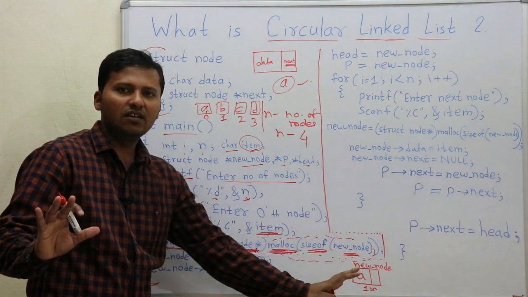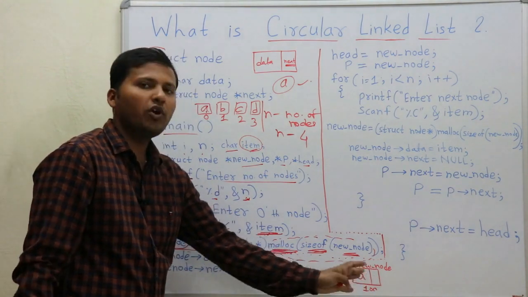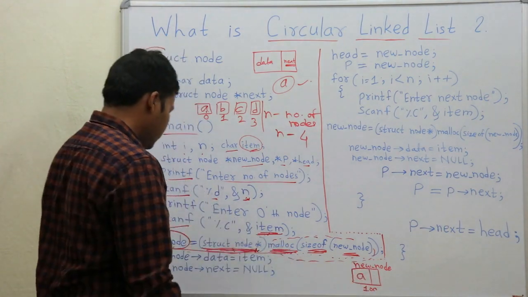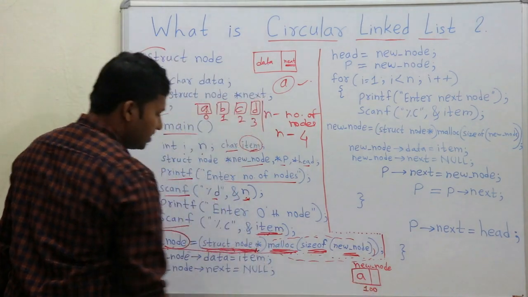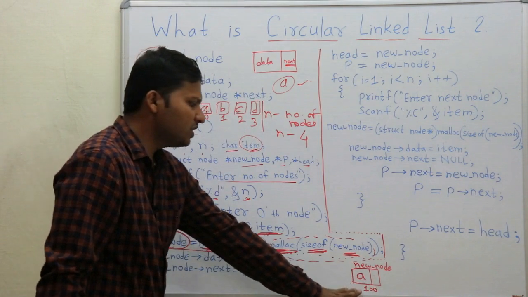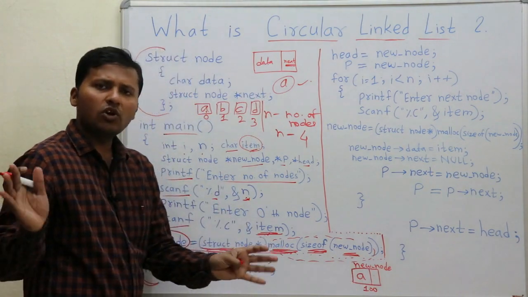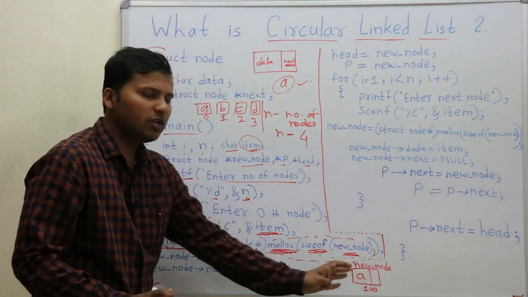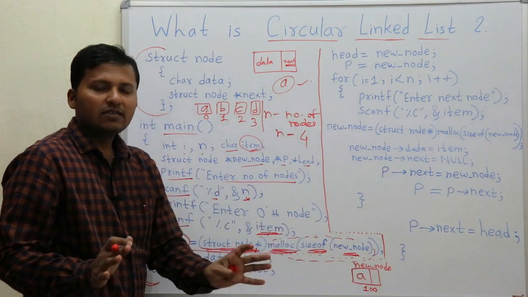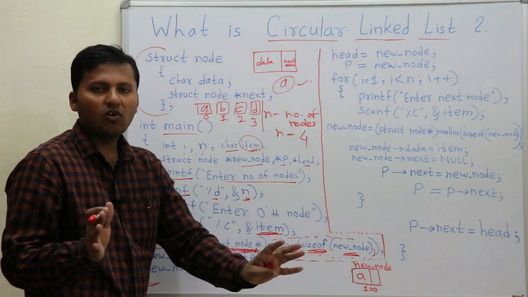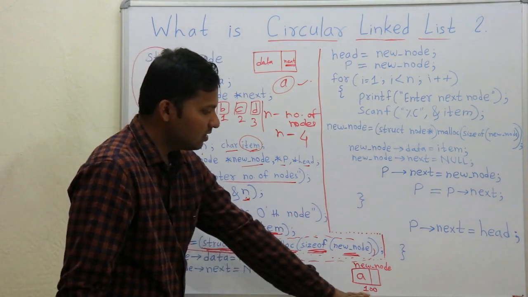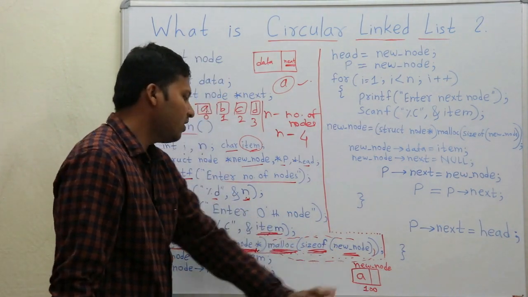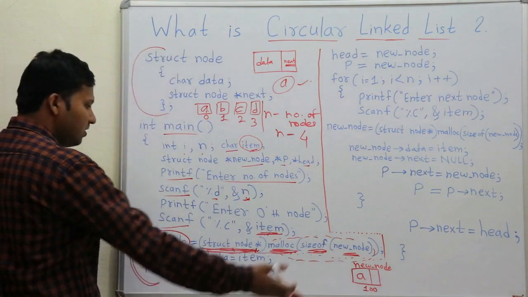We are just assuming that. Actually no one knows on what memory location this node will be allocated. That is the decision of the compiler or the RAM in our computer. So we just imagine that this node is allocated on memory location 100.